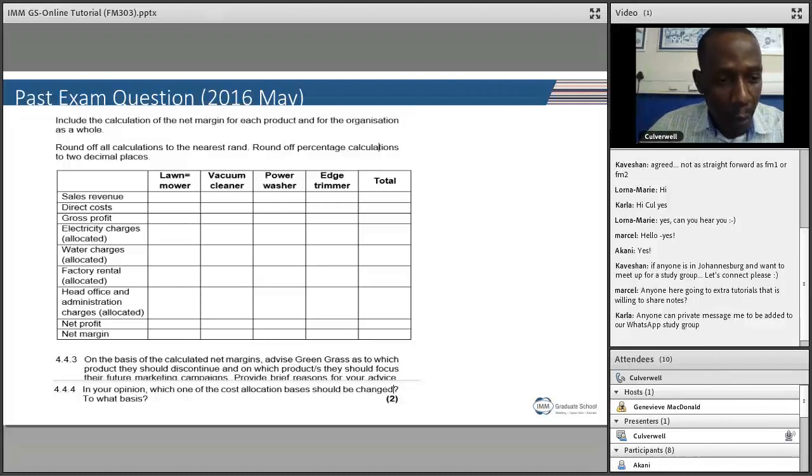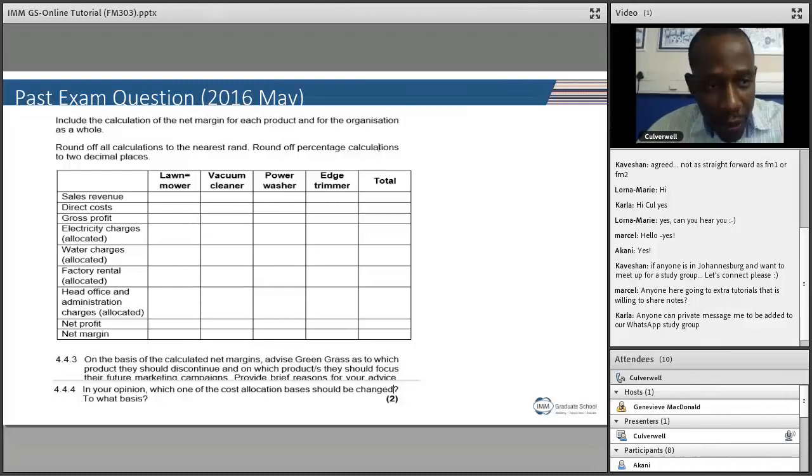Question 4.4 says, in your opinion, which one of the cost allocation bases should be changed and to what basis? If you look at all the ones that we have there, electricity charges, there's no need for me to change it because the more hours I'm spending towards manufacturing, the more electricity I would incur.